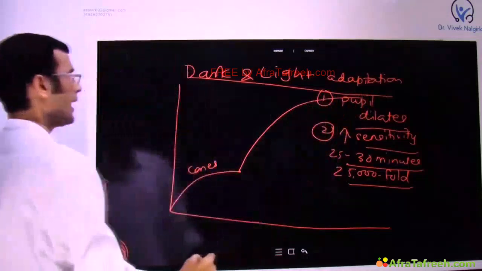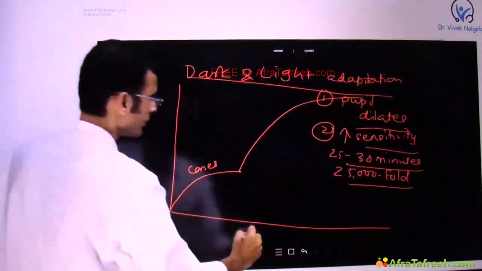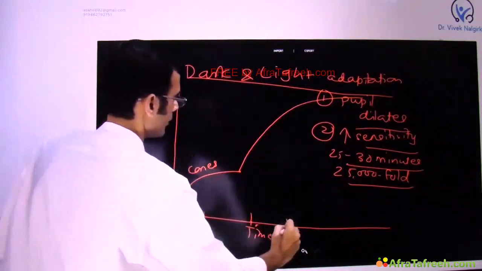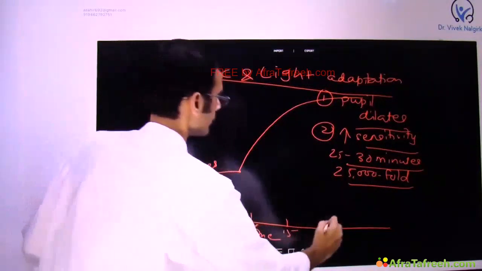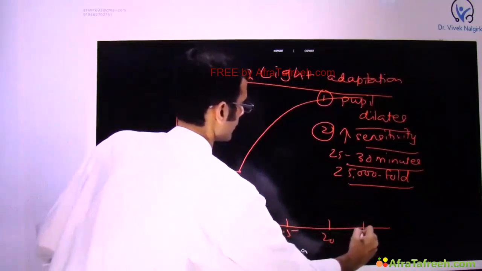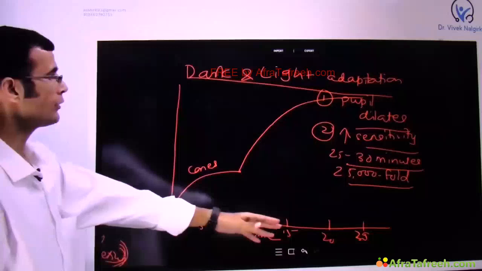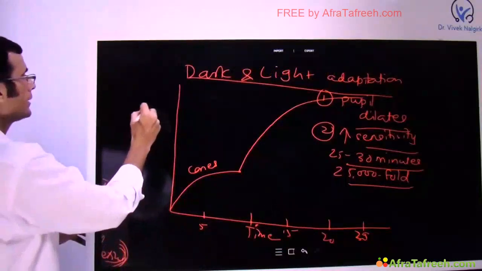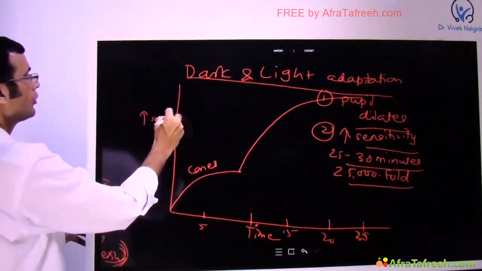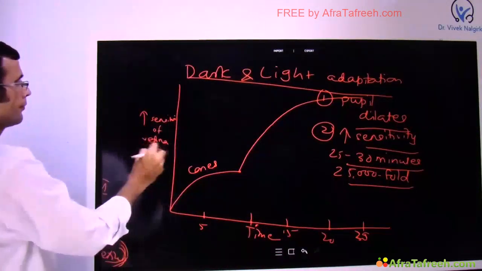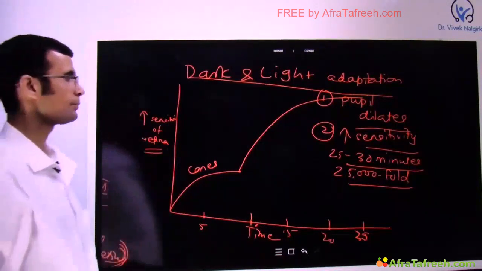This is called as the adaptation curve. Time in minutes, let's say by 25 to 30 minutes, and this is increased sensitivity of retina after entering the dark.